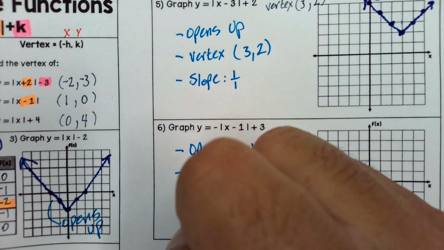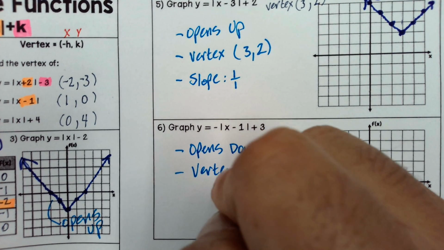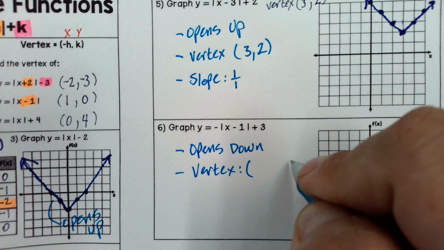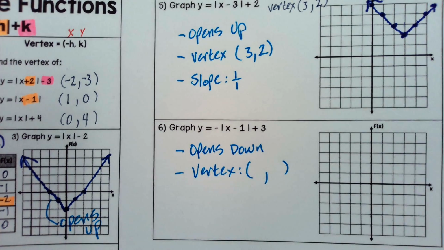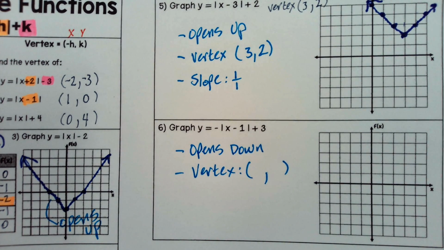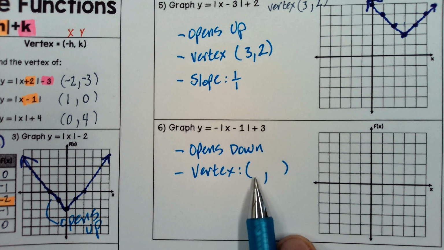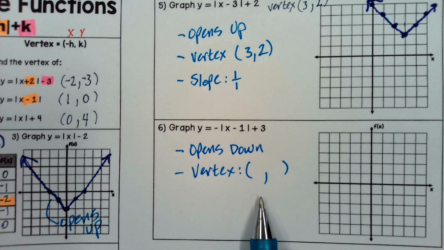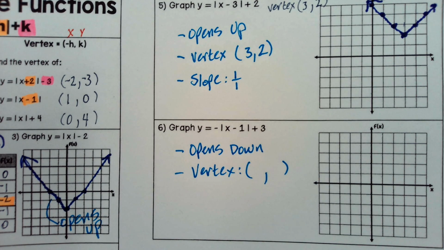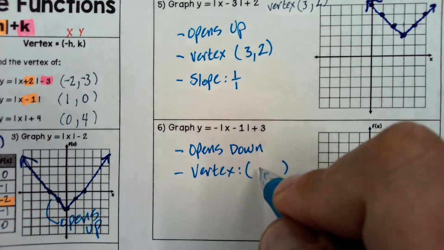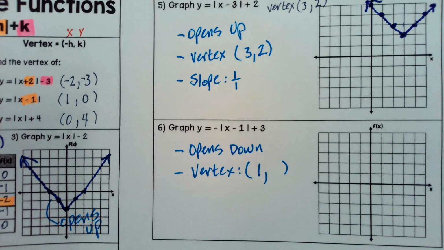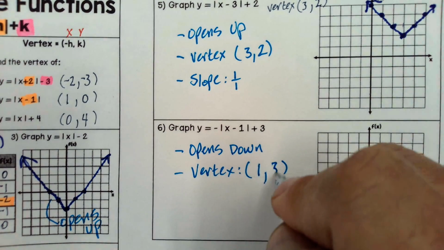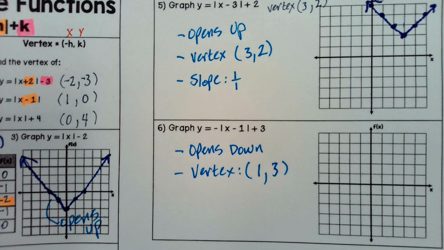Next is the vertex. All right, so let's get those vertex numbers. What are my H and K numbers that are going to go there? Okay, so 1 here. Okay.